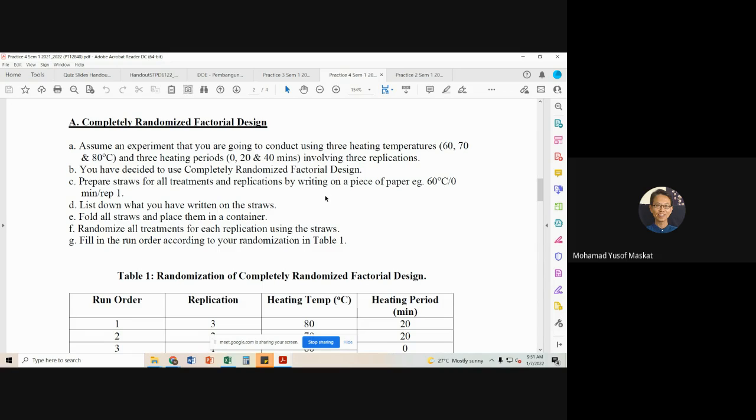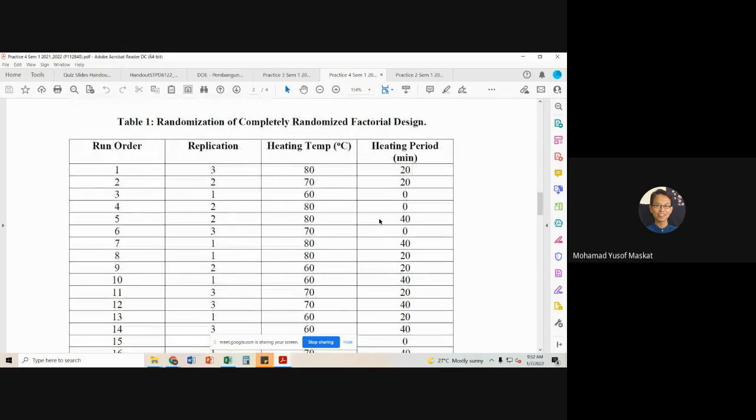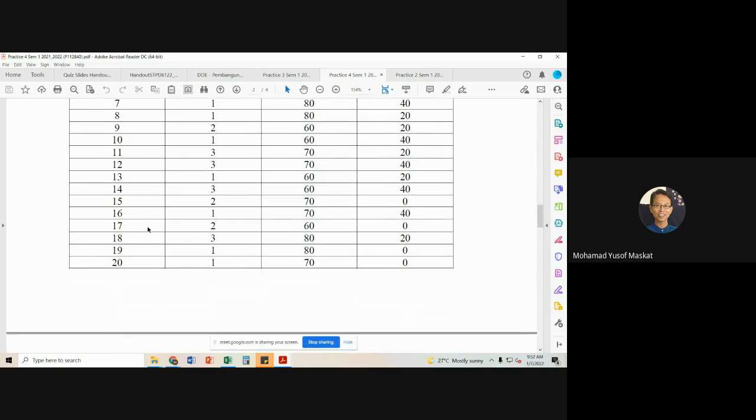So you have 3 levels for temperature and 3 levels for heating period, so the combination is 3 times 3 equals 9 treatments. The number of samples that you need to prepare: you have 3 replications, so 9 treatments times 3, meaning 27 samples. When you prepare your run order, you need to have 27.